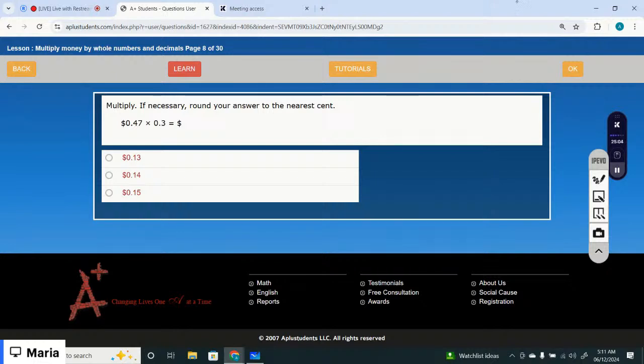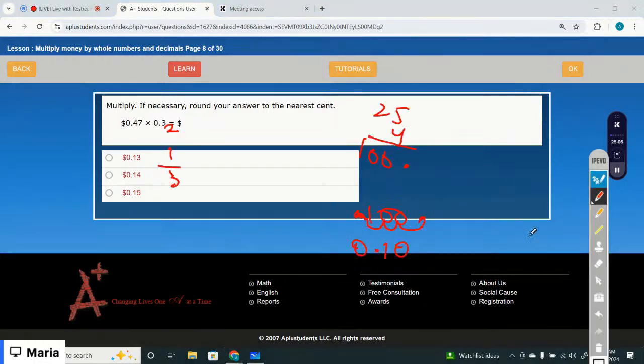0.3 times 0.7. Let's just multiply without the decimal point. That is 47 times 3. 3 times 7 is 21. Carry 2, 3 times 4 is 12, 14. So you need to move the decimal point. This one has two decimal places and this one has one.